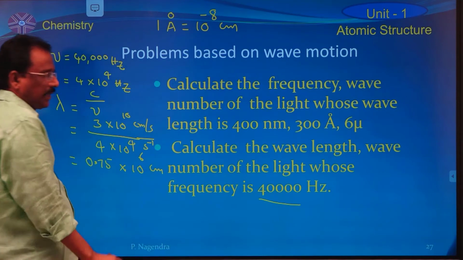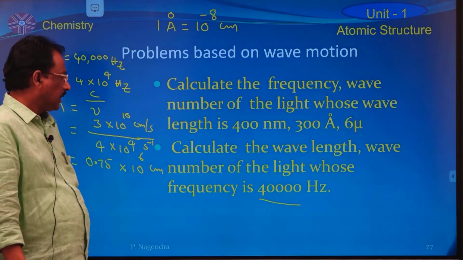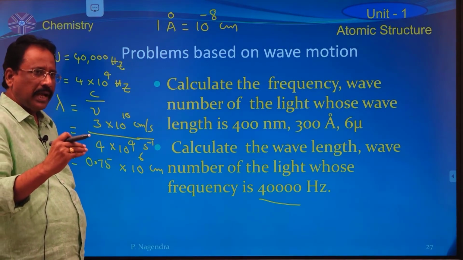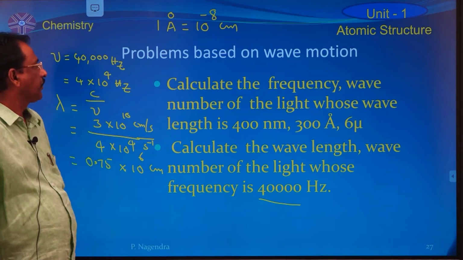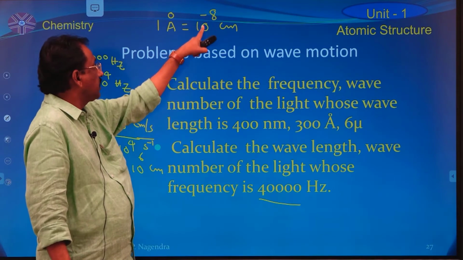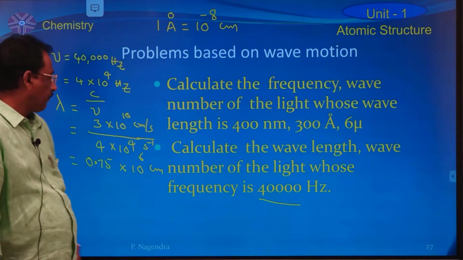1 angstrom is equal to 10 power minus 8 centimeters. If you want to calculate the wavelength of the radiation in terms of angstrom unit, convert the centimeter into angstrom. 10 power minus 8 centimeters is equal to 1 angstrom.